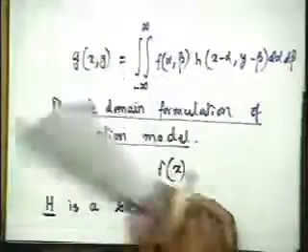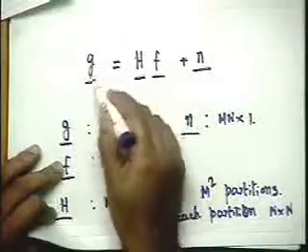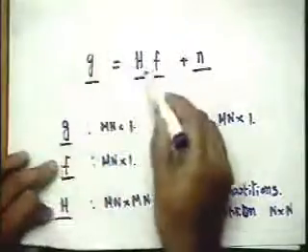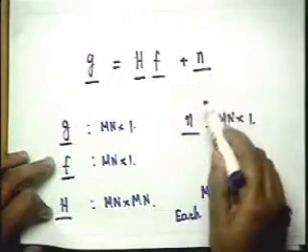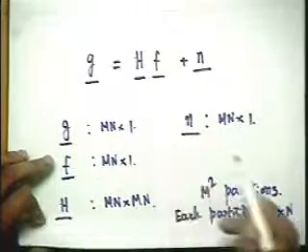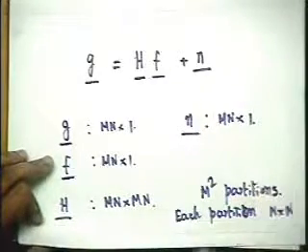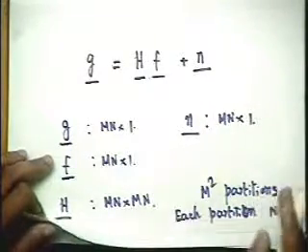And in the discrete domain, we should remember this expression, that G, the degraded image, is equal to H multiplied by F plus N, where H is a block circulant matrix. So that is exactly what we have done so far.